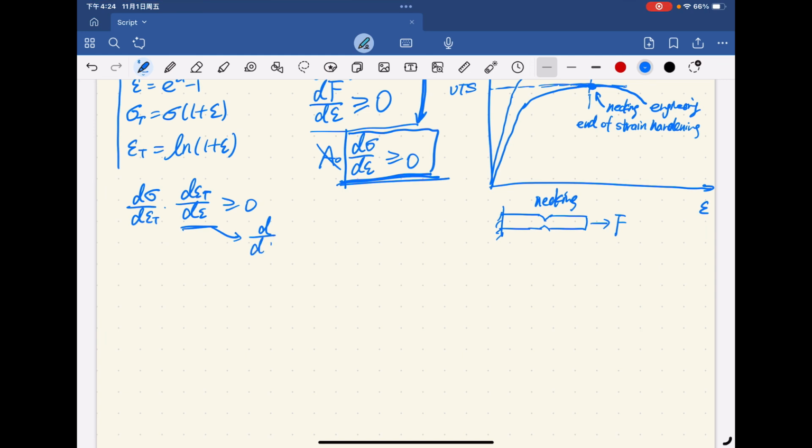It's just d epsilon t over d epsilon, the derivative of ln of 1 plus epsilon, which is 1 over 1 plus epsilon.